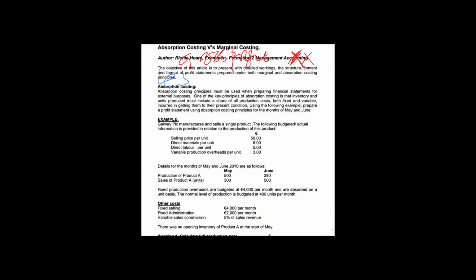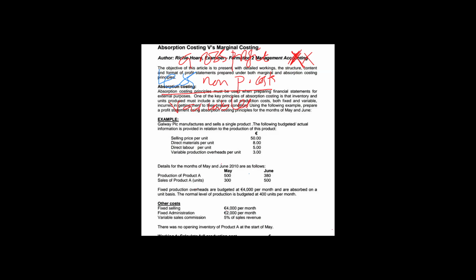So you less non-production costs. Non-production costs are deducted. And these would include the variable costs that are not part of production overheads.